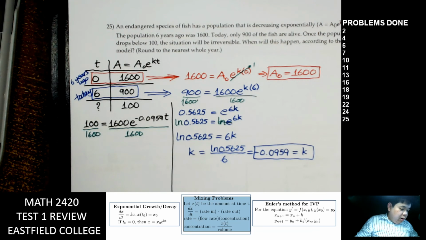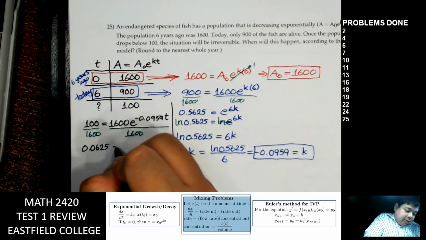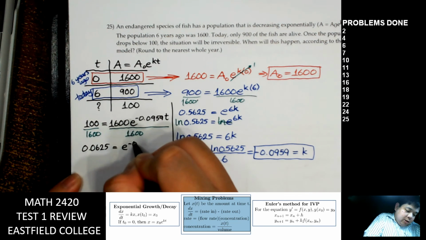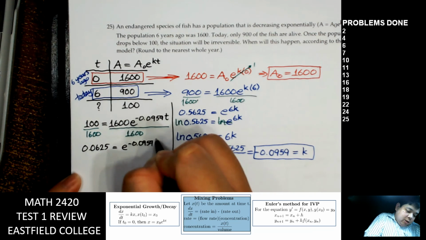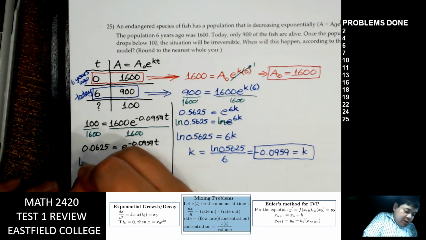1 divided by 16, 0.0625. And then we take ln on both sides.